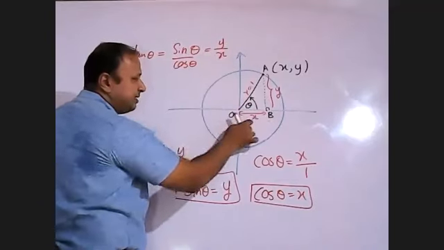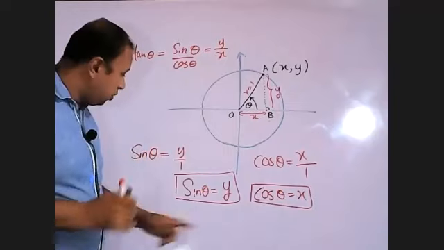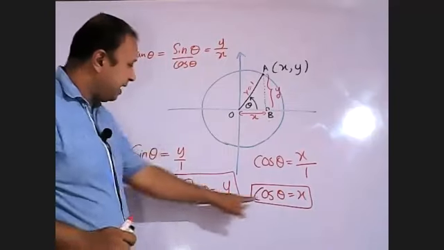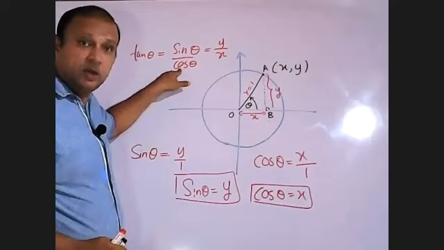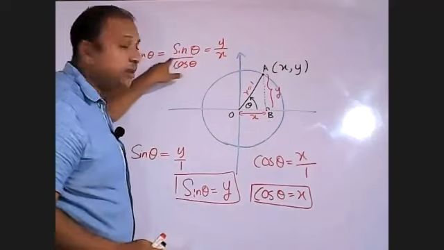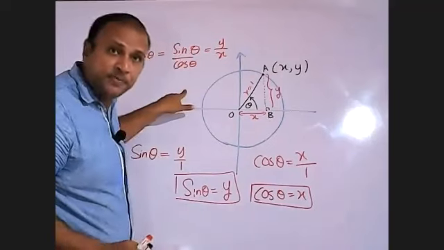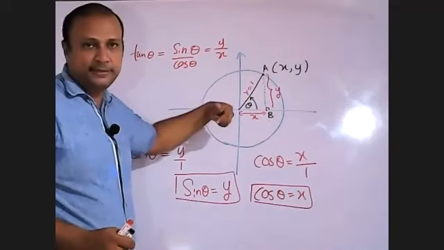Opposite side is y, adjacent side is x. And now you know y is equal to sin theta, x is equal to cos theta. Therefore, tan theta can be written as sin theta over cos theta or y over x.